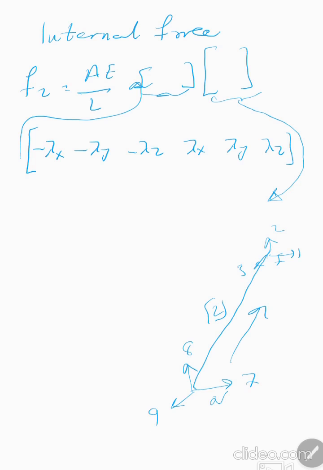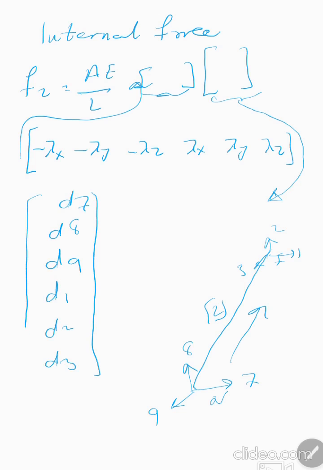So I will substitute directly. Here we have D7, D8, D9, then D1, D2, and D3. This is the value of this matrix, the D matrix.